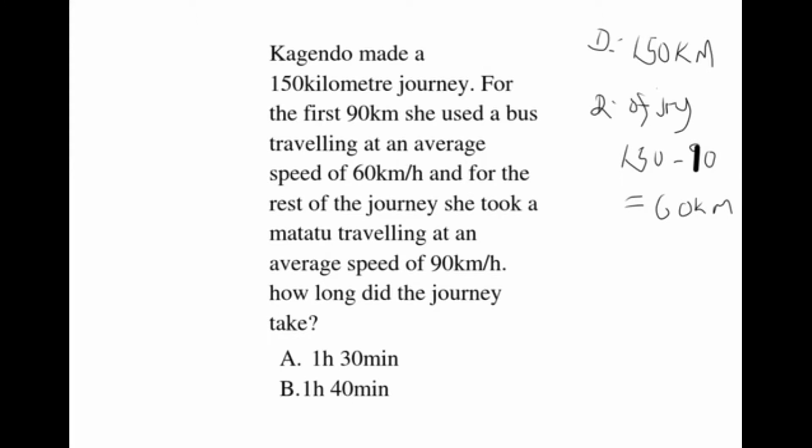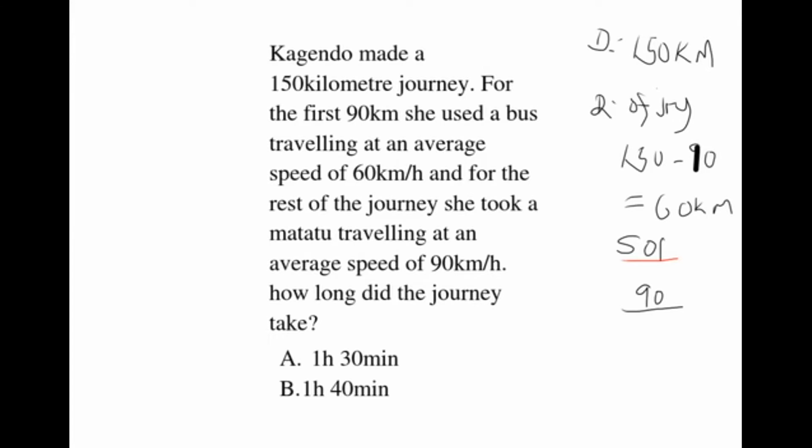Therefore, we can proceed as follows. Solution. For the first 90 kilometers, the distance divided by the speed gives us the time.